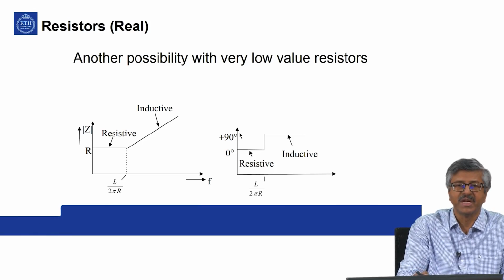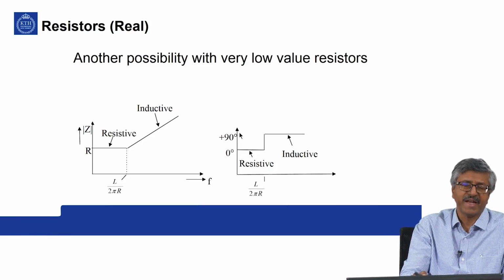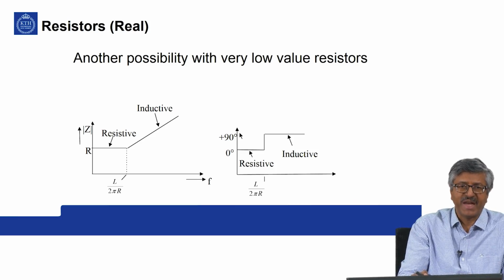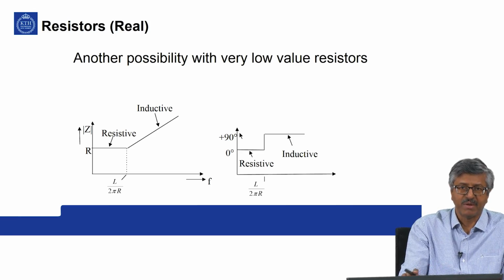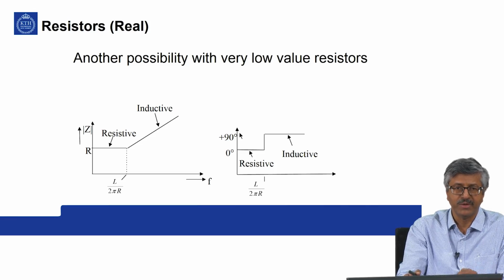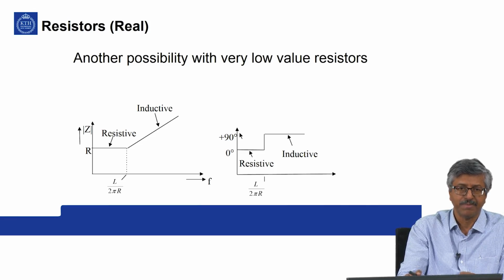So we often say that if you are selecting for an application very low value resistors, you have to be extremely careful about parasitic inductance, not really parasitic capacitance. That's where the main problem will happen, because this will be the Bode plot corresponding to it. From low value of resistor, immediately you go into the inductive part of it.